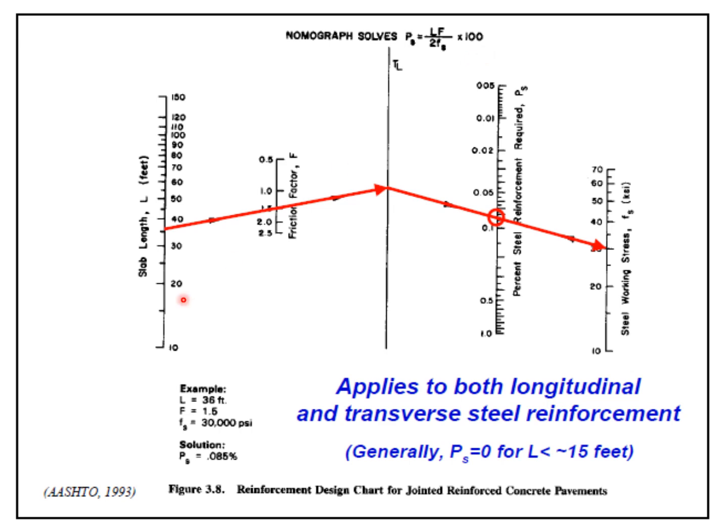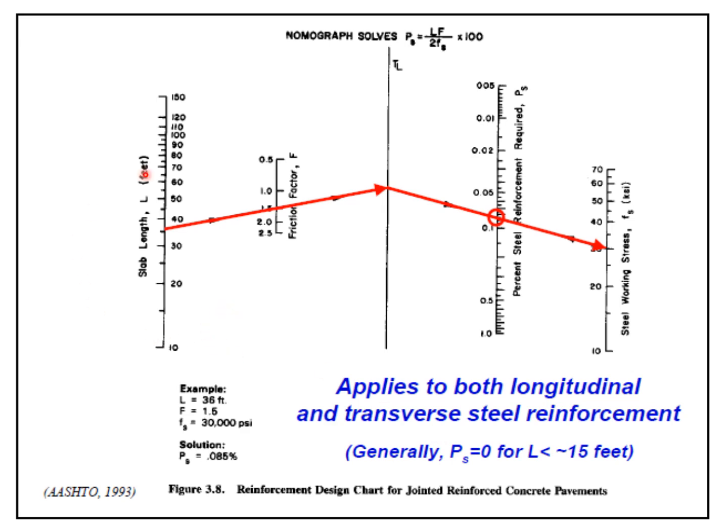This nomograph can be applied to both longitudinal and transverse steel reinforcement. Generally, the steel percentage is 0 when L is less than or equal to 15 feet. But it is always advisable to use some steel at the joint.